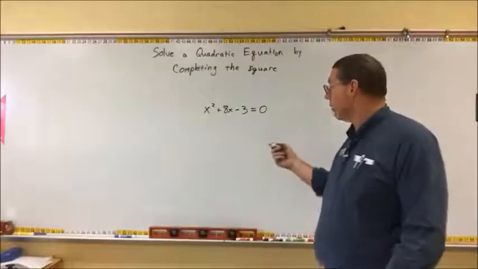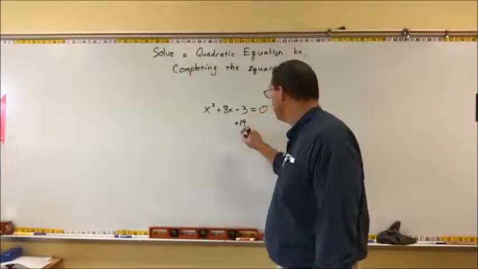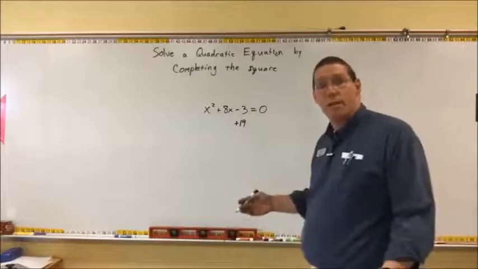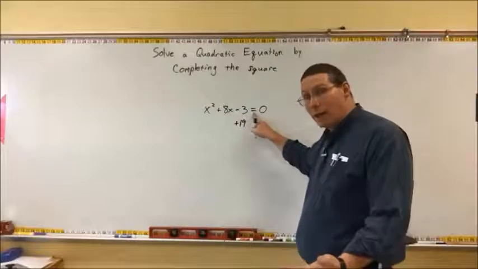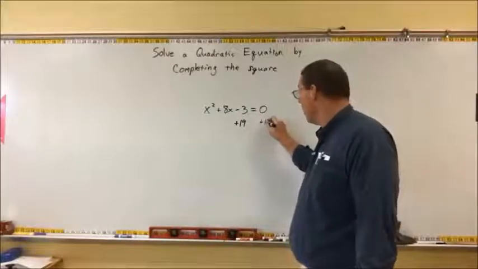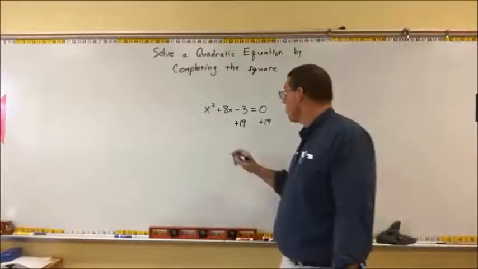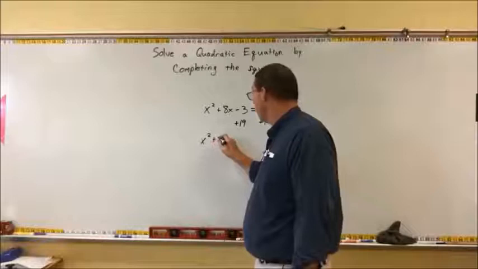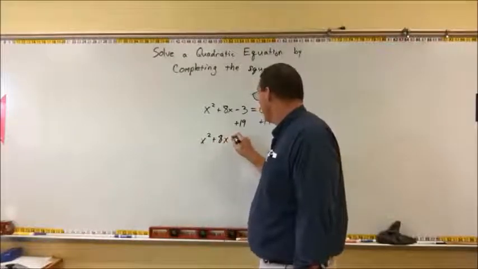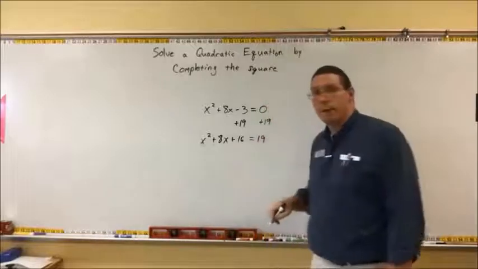I'd have to add 19. If I add 19 to negative 3, I'll have 16. Now, if I add 19 to this side, it's an equation, so I'd have to add 19 to the other side too, right? So this now becomes x squared plus 8x plus 16 is equal to 19.